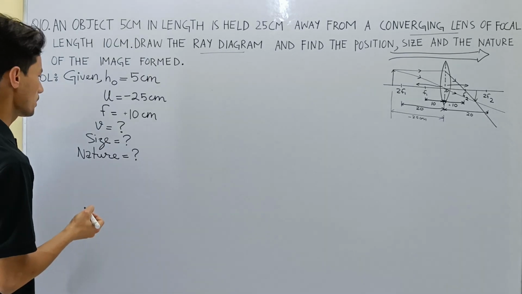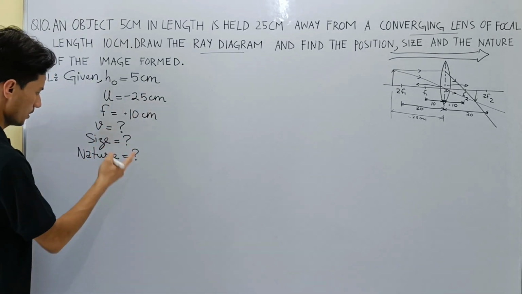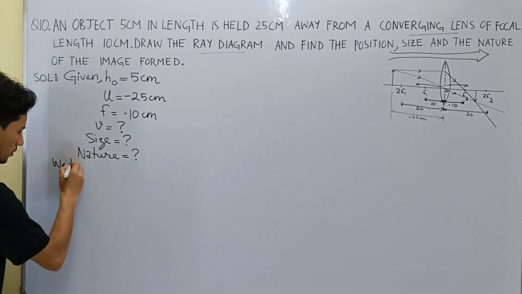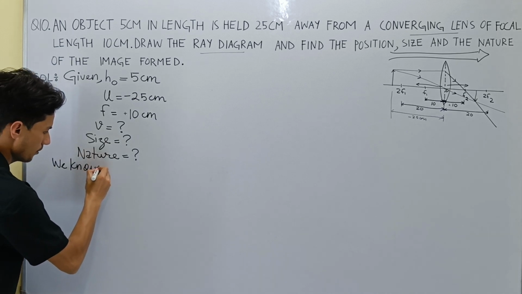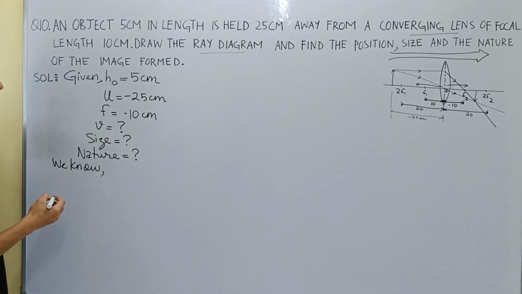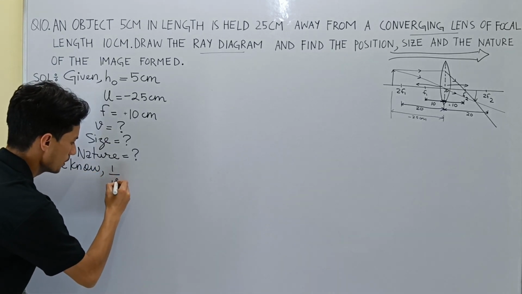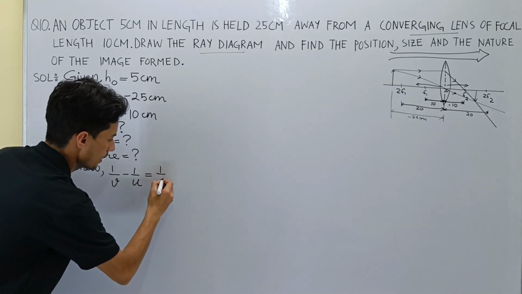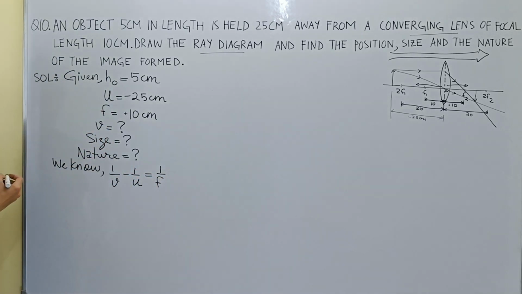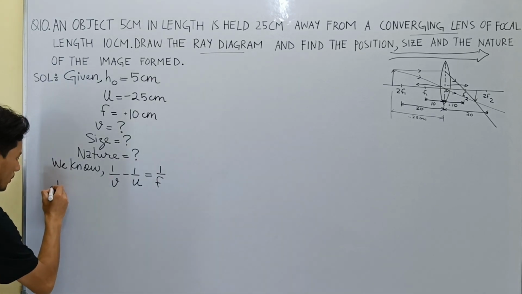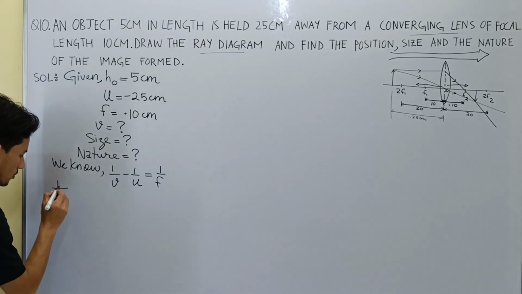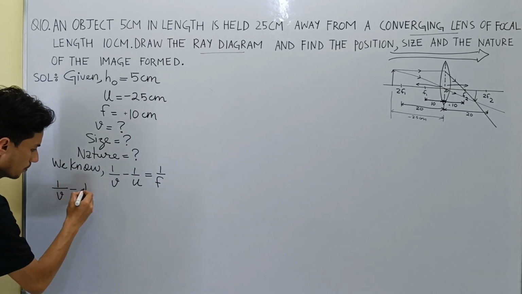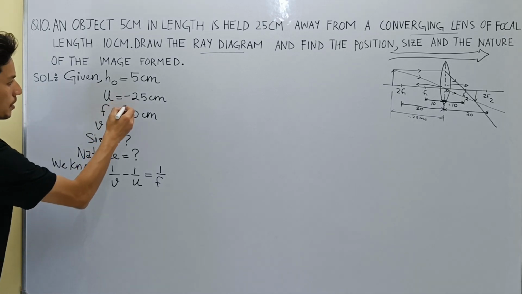So now let us continue with the solving. We'll use the lens formula, which is 1 by V minus 1 by U is equal to 1 by F. This is the lens formula. Put the values. 1 by V value we don't know, we are supposed to find V. Minus 1 by U value is minus 25.